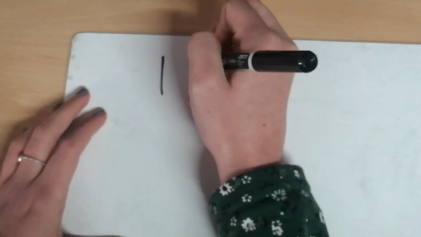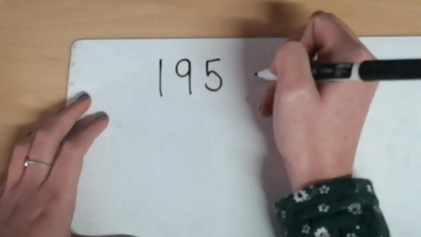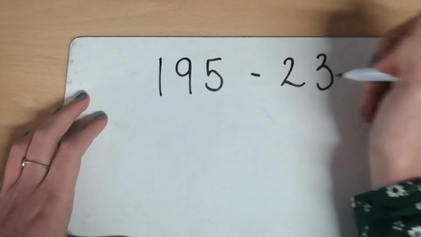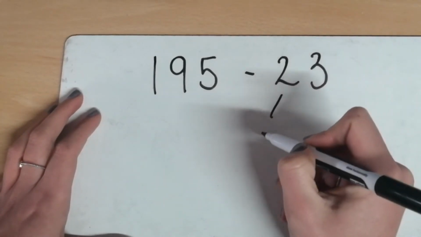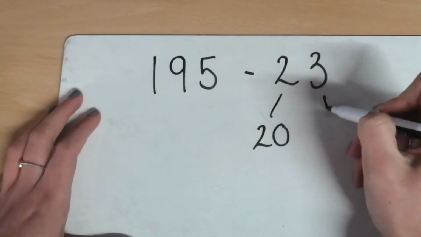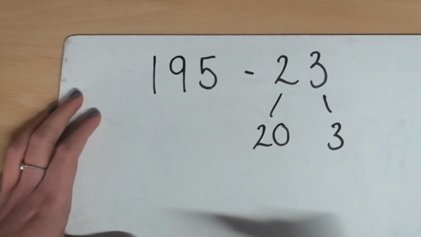So question 1 is 195 subtract 23, and exactly how Miss Bradford showed you yesterday, we're going to partition this 23. So I've got 2 10s, so that's 20 and 3, and then I can break down that question.